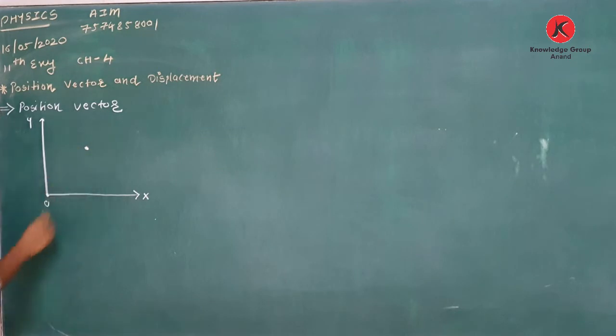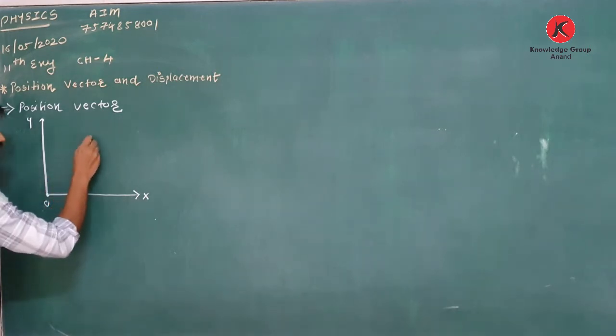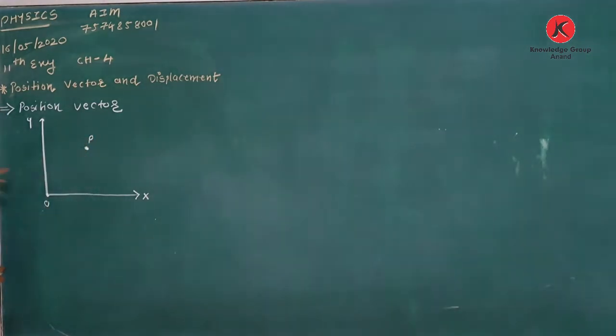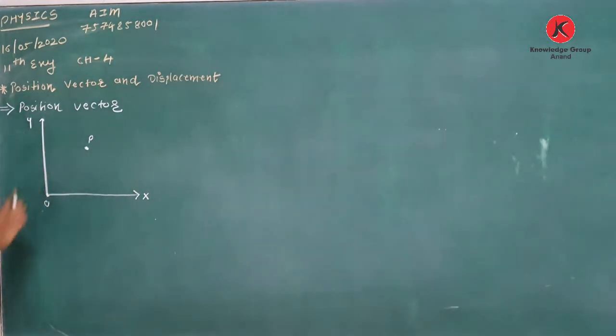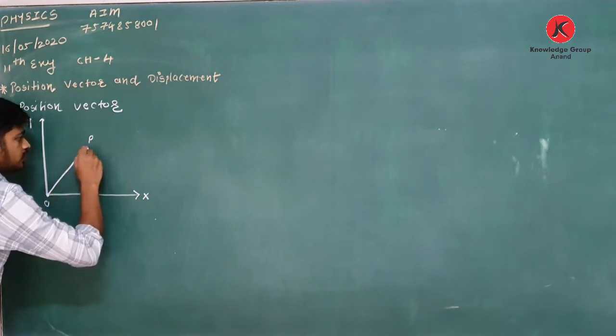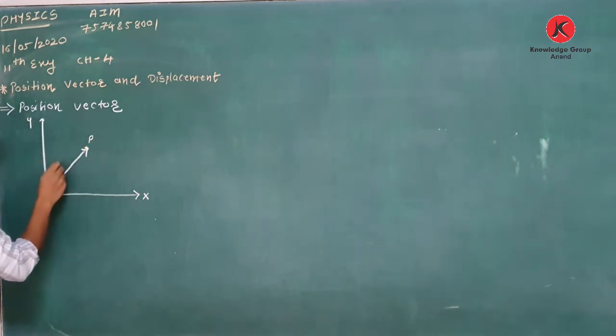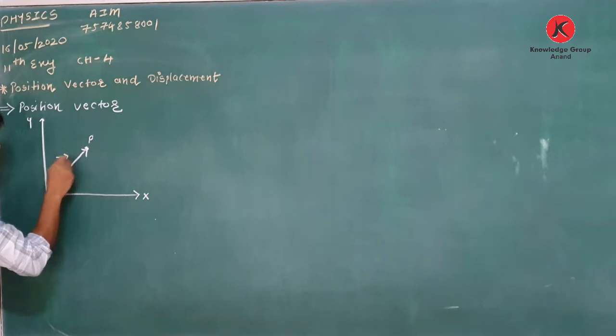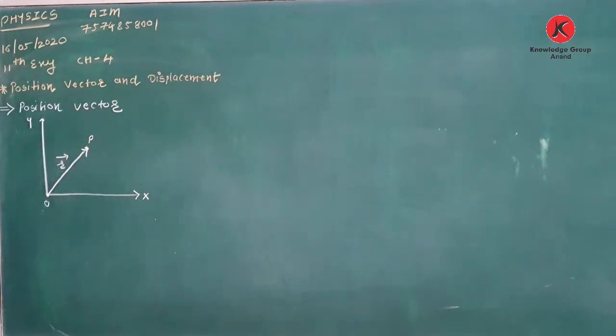One particle is at this point. Then how to find its position vector? Draw a vector from the origin to that point. It is called position vector R.